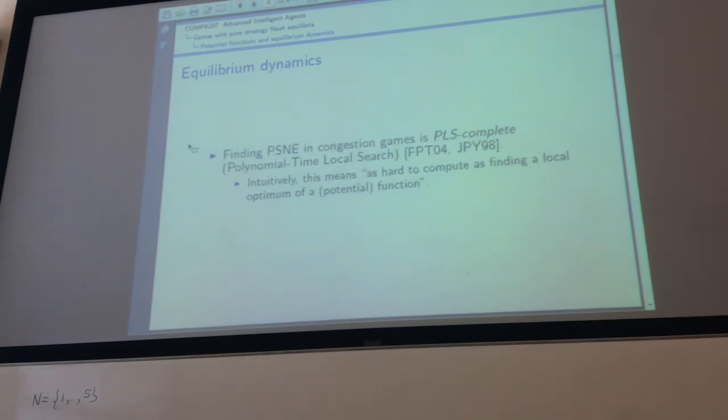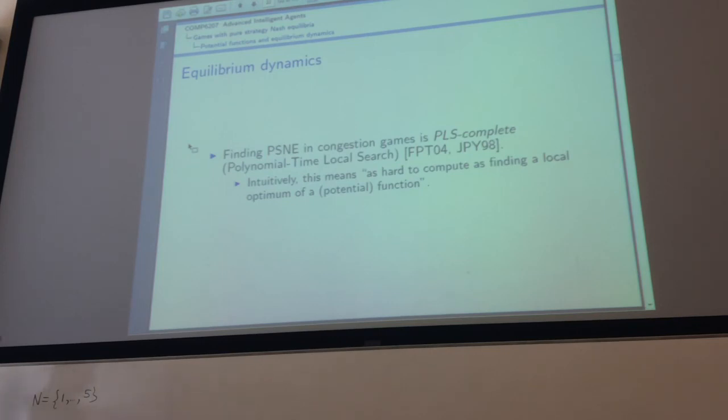Now, how hard computationally is it to find a Nash equilibrium? So we said, well, that's very easy. You just let the players do what they want myopically. They only consider the given state and see if they have an improvement from that state. That's a very simple dynamic. And we know it converges if the game has a potential.